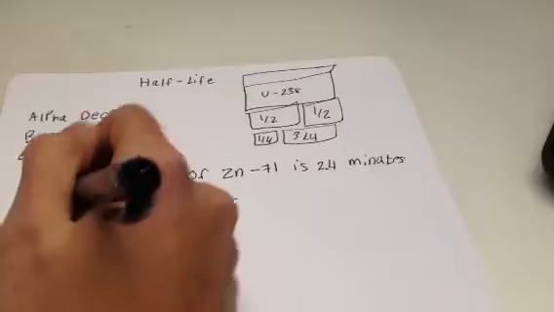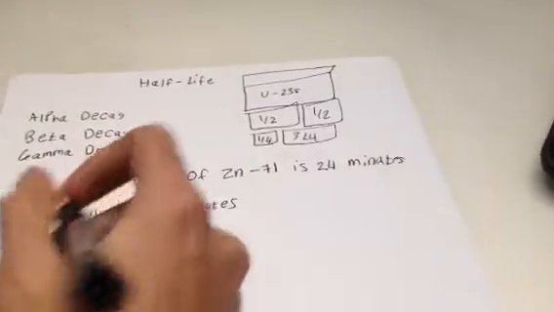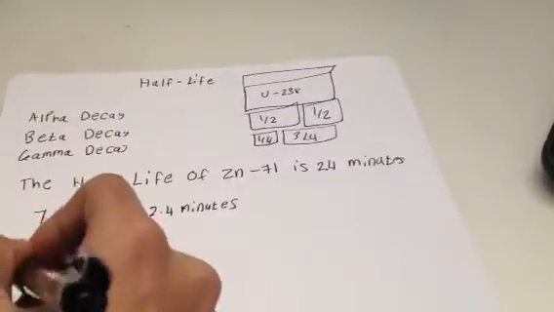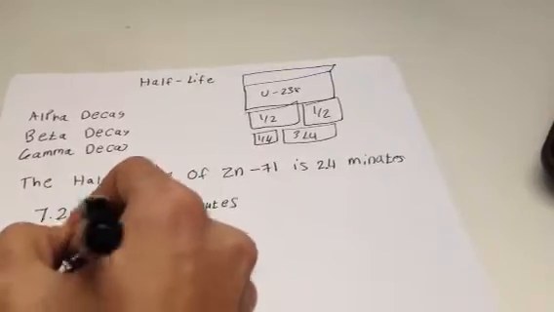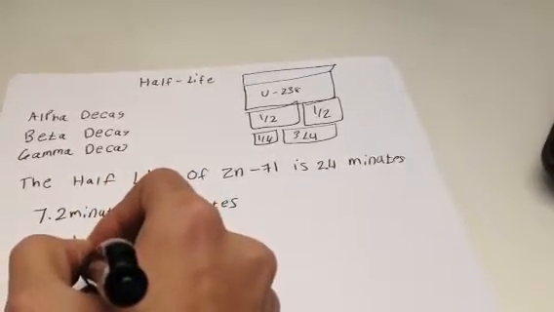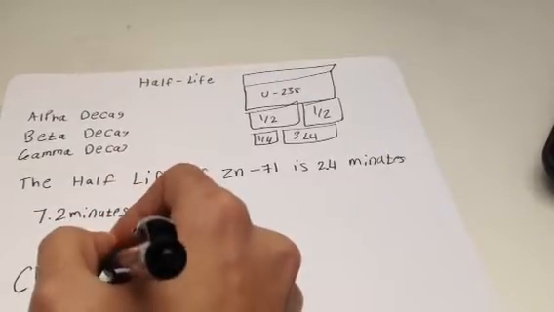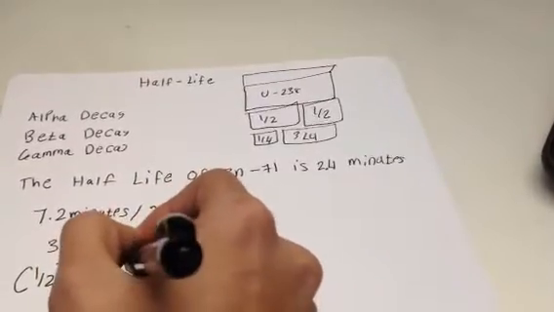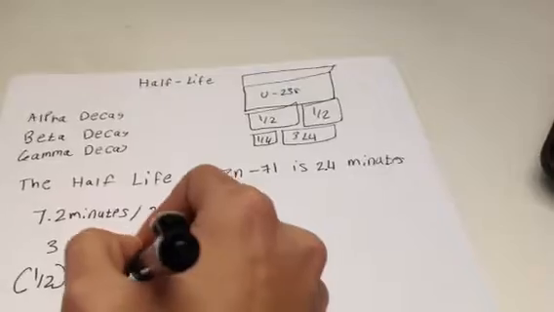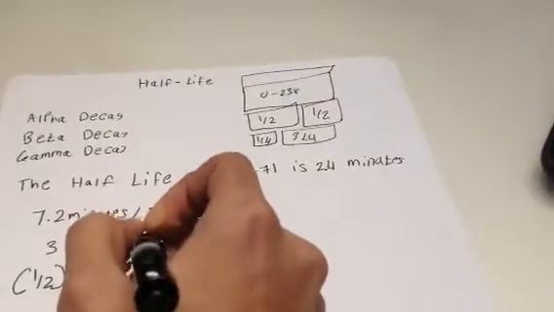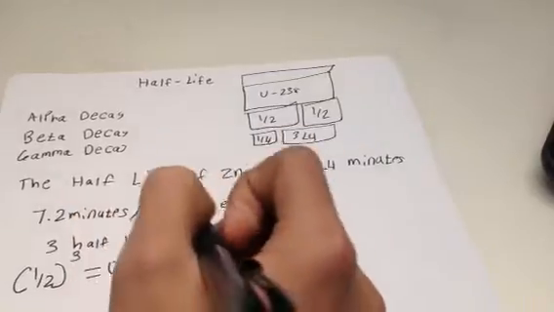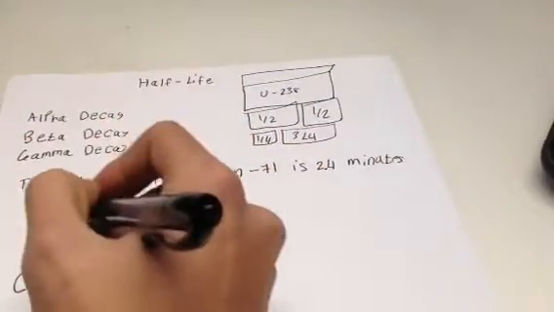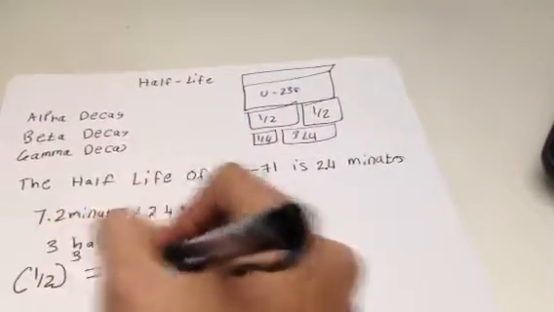And so we have 3 half-lives. And what we need to do is 1/2 to the third power, and that equals, if I'm not mistaken, 0.125. And that's the amount remaining after 3 half-lives. So after these 3 half-lives have passed, that's how much is remaining.